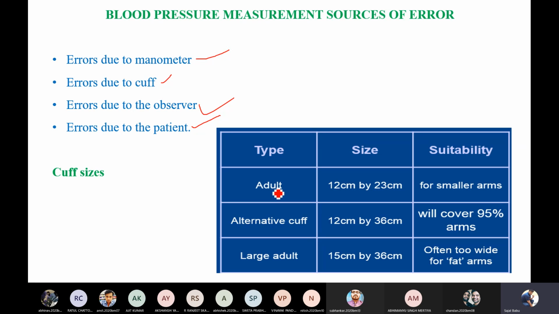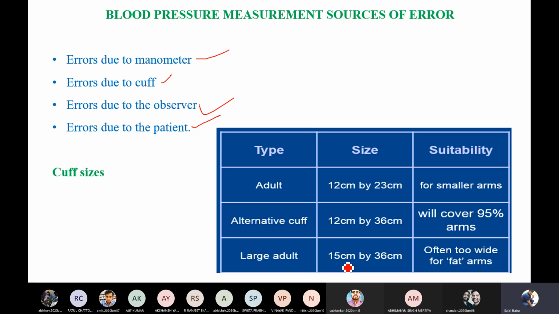You may also use the alternate cuff, which has a size of 12 centimeters by 36 centimeters, and it is suitable for covering 95% of arms. Normally 95% of human beings' arms you can cover using this 12 centimeter by 36 centimeter cuff. The other one is for large adults, which is 15 centimeters by 36 centimeters. This will be for a fatty arm.